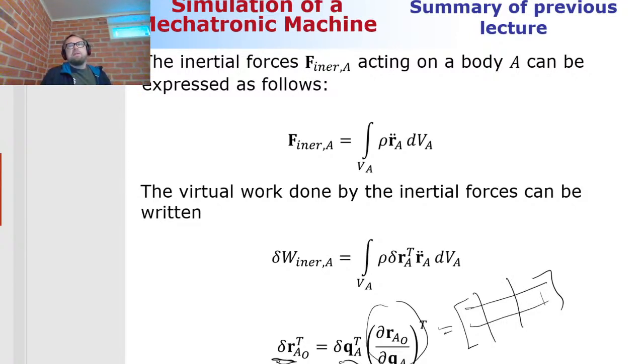Then you just take the mathematics, and without further thinking, you substitute your acceleration here, using this mapping matrix, and then you are able to eventually express your inertia forces in terms of generalized coordinates.